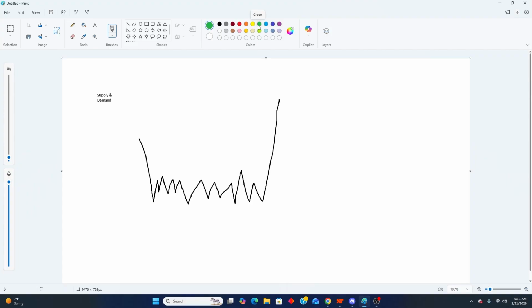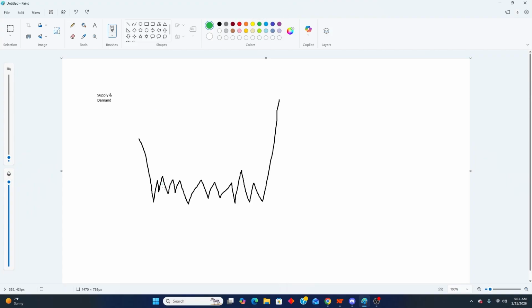Step two, we're going to mark the base. This is key. This is where you separate average supply and demand traders from great supply and demand traders. The zone is not the whole consolidation. It's the last pause before the explosive move.